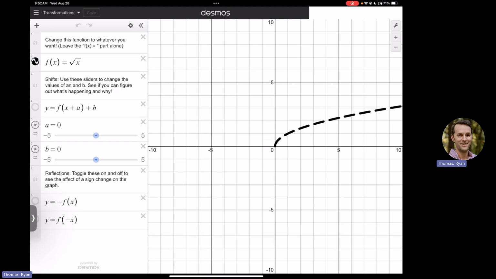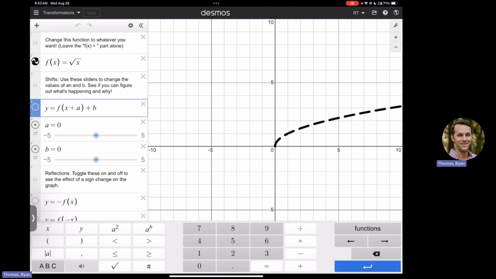Now, again, I said minor changes that we're going to make. The first type that we can talk about would be if I add or subtract something either to the inside, so to the x value itself, or outside, which would be like changing the y value.